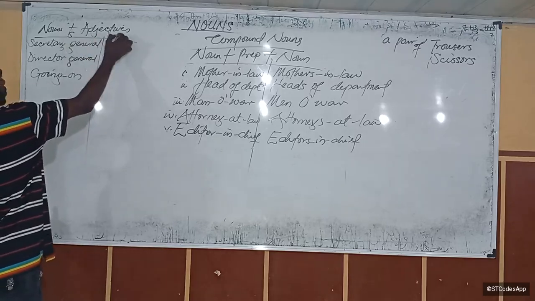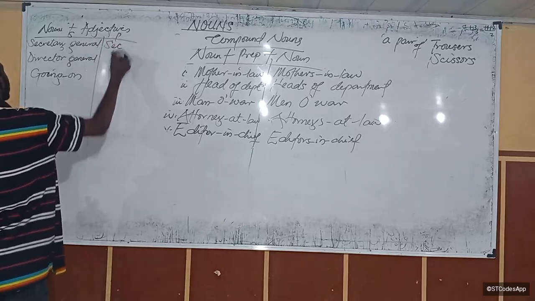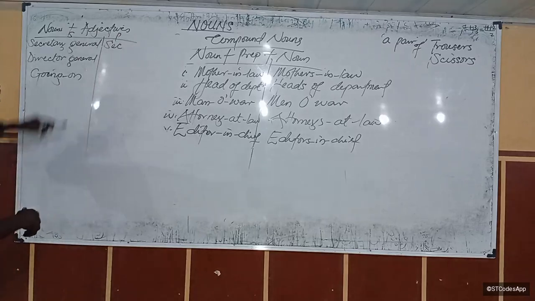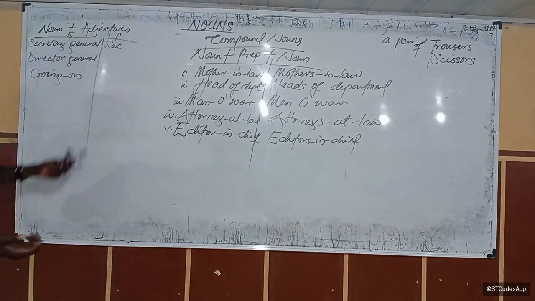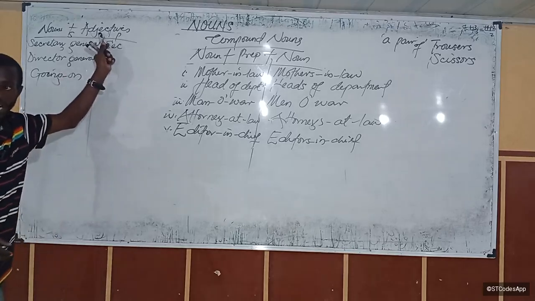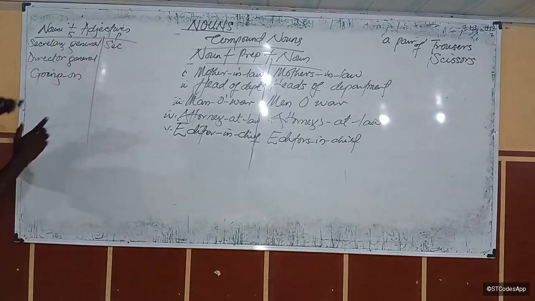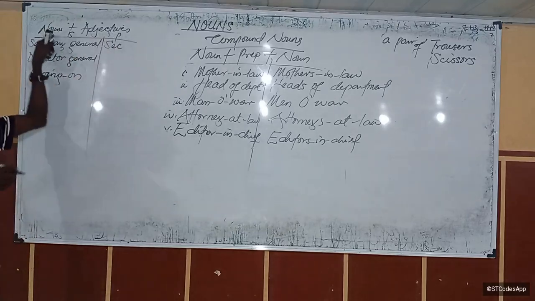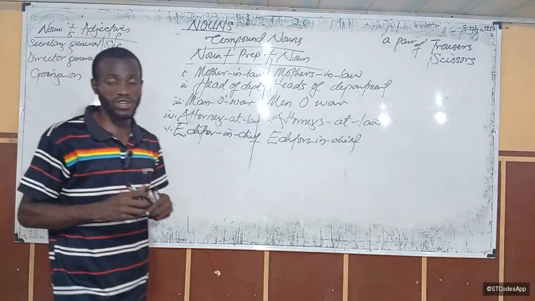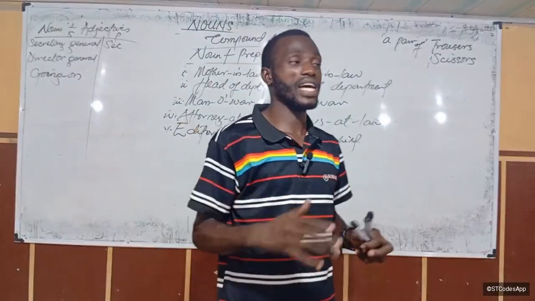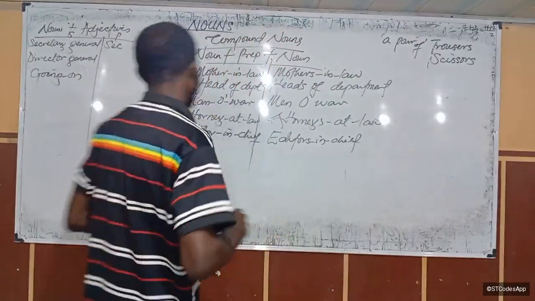This singular, this plural. That will be secretary. Whenever you have noun plus adjectives, should I remind you that you never pluralize what? Adjectives. Adjectives never carry plural. So you pluralize only the what? Only the noun. Whenever you have nouns and adjectives, you pluralize the nouns only. All right?